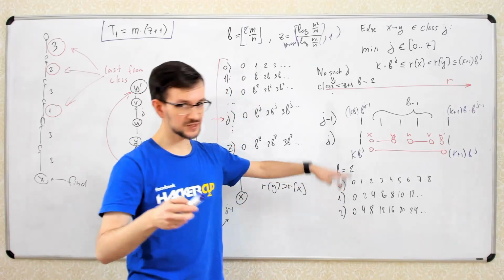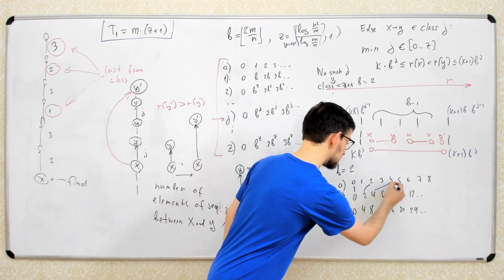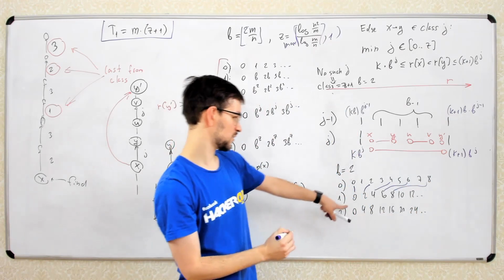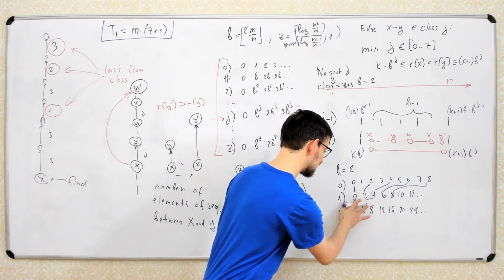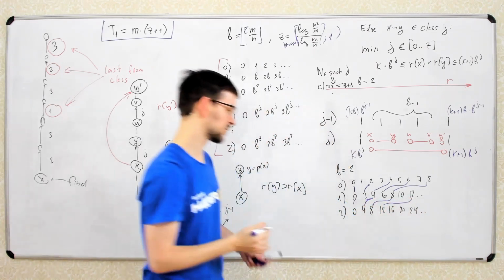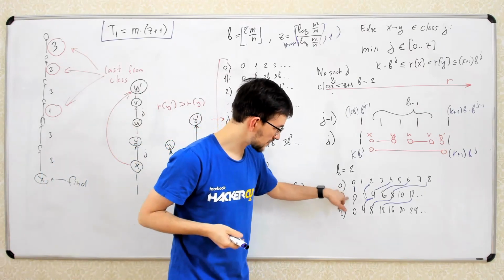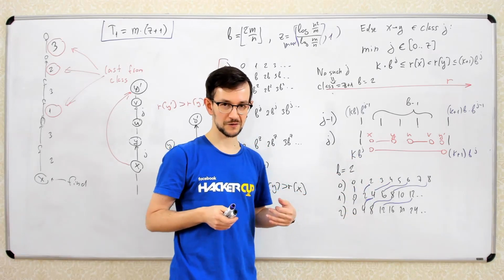Each next sequence is a subsequence of the previous. So here you take these elements. Here you take only these elements. And so on. So each time you pick every second element from the previous sequence and get the new sequence. Okay?